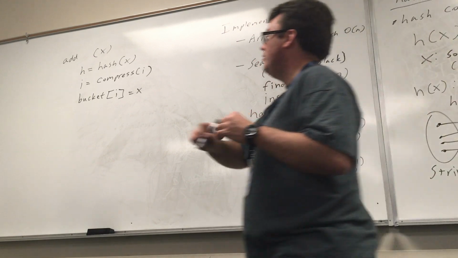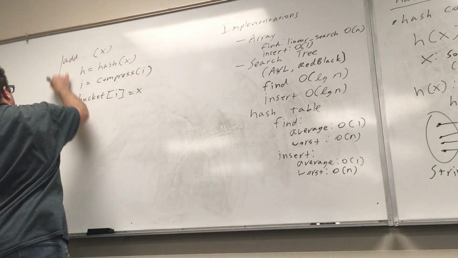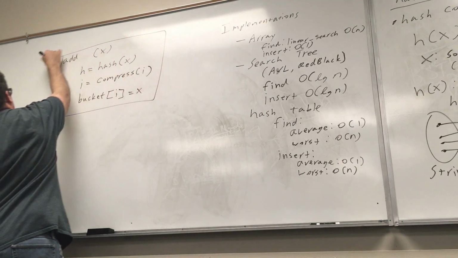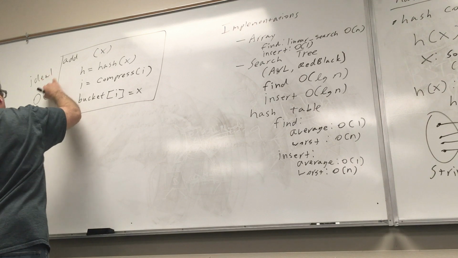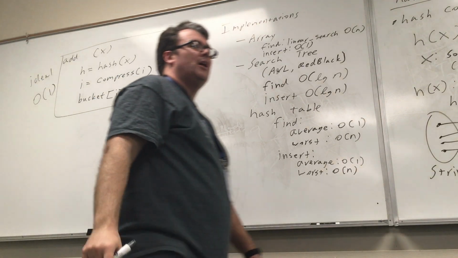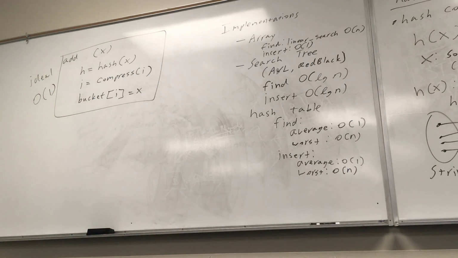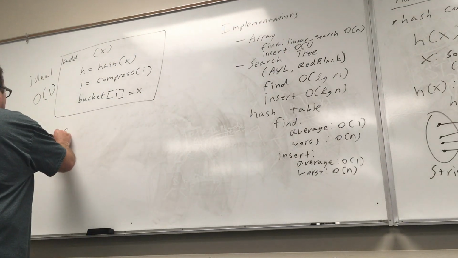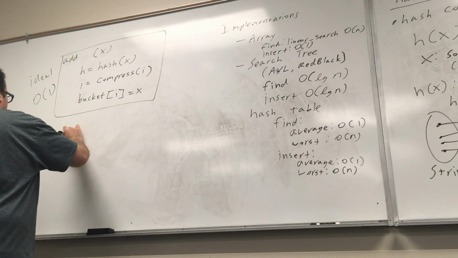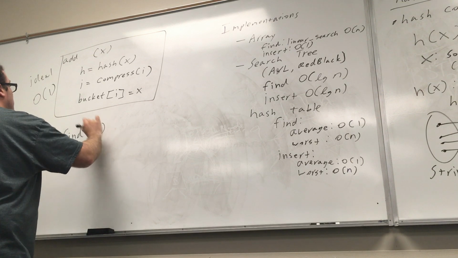Okay, so this is the ideal. And it is big O of 1. It's constant time because I just compute 2 numbers and then slap the thing in there. Done. And then find. Again, the ideal find operation looks like this.